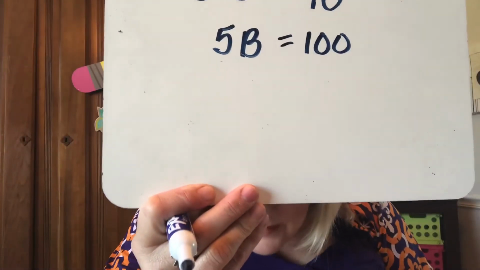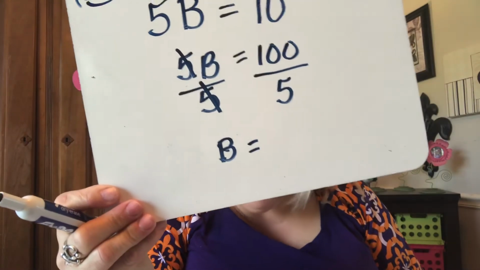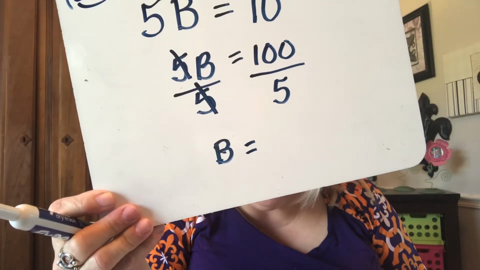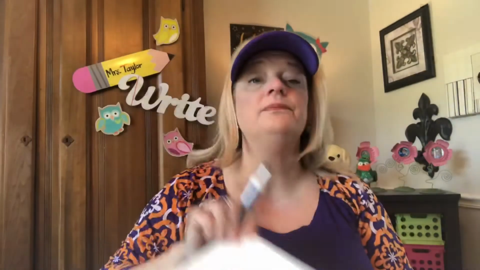It is 100. What's 10 times 10? So 5B equals 100. You with me? Yes? It's the opposite of multiplying and dividing. So I'm going to divide one side by 5, and I'm going to divide the other side by 5, and that is going to give me the answer to the letter B. How many times does 5 go into 100? 20 times. Excellent.